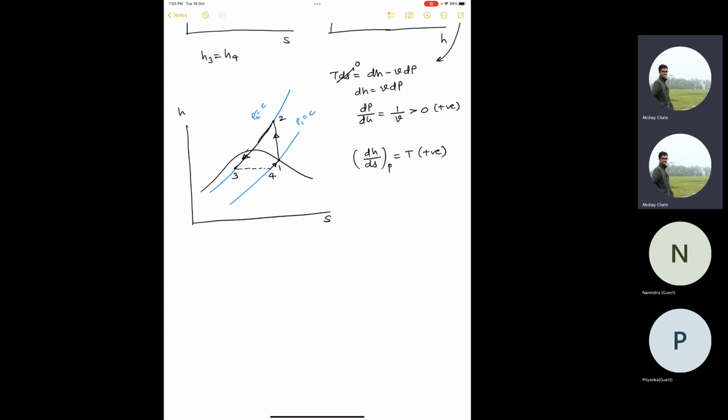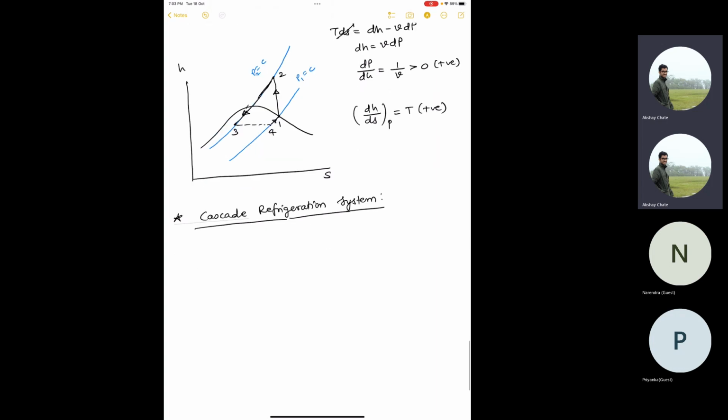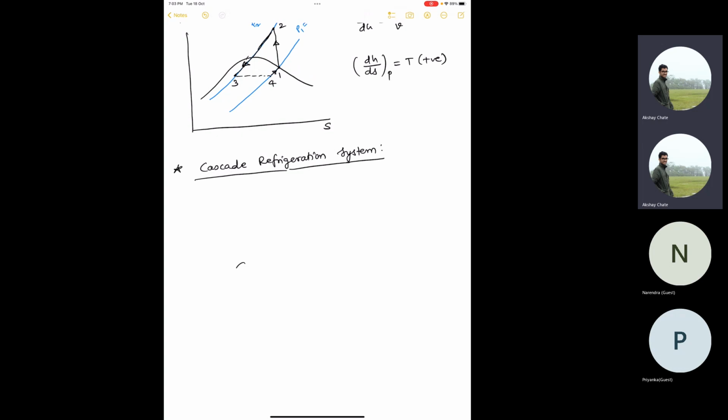Let me just draw a schematic. Cascade refrigeration system. As the name suggests, cascading is putting 2 systems in series. If you draw it as a thermodynamic sketch, there will be one QL which you take from the lower temperature reservoir, TL. This is your refrigerator 1, R1.